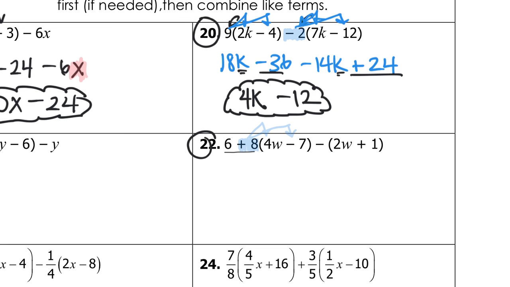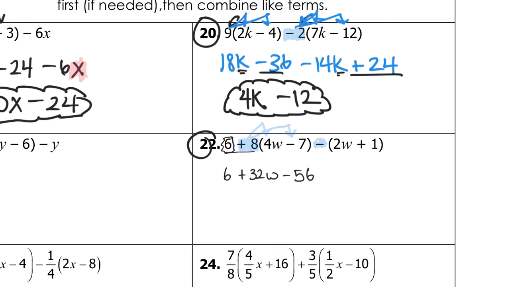So 6, and then we do positive 8 times 4. So this 6 is nothing to be done with. So I'm just going to write it down below. And now I'm going to write positive 8 times 4W, which gets me positive 32W. And positive 8 times -7 gets me that -56. And then creeping along through this problem, remember that's a minus sign.